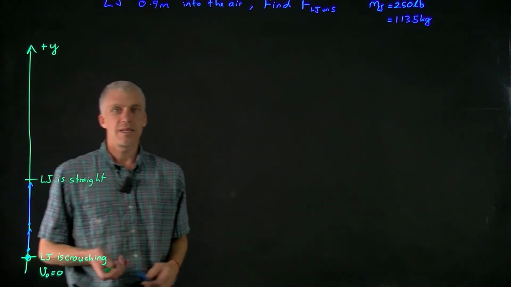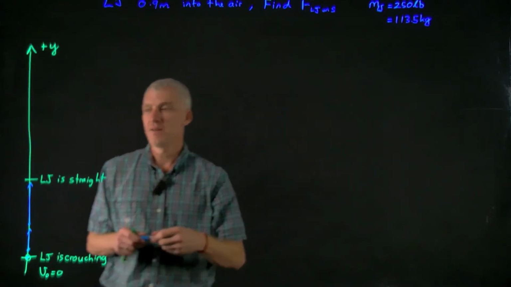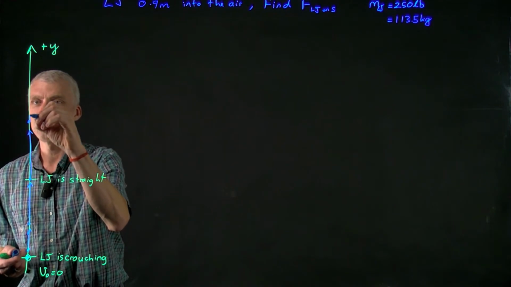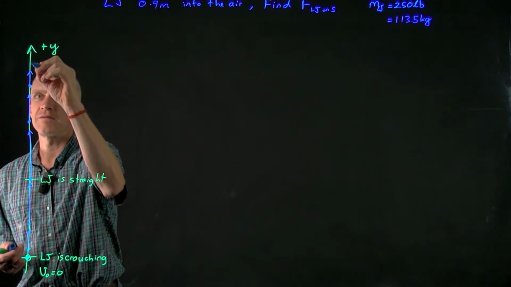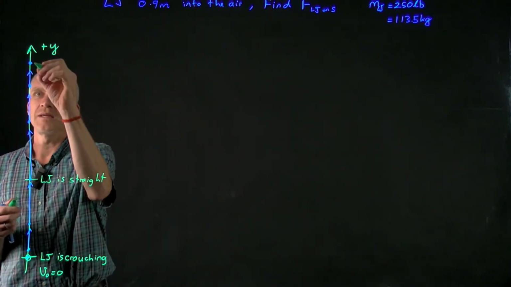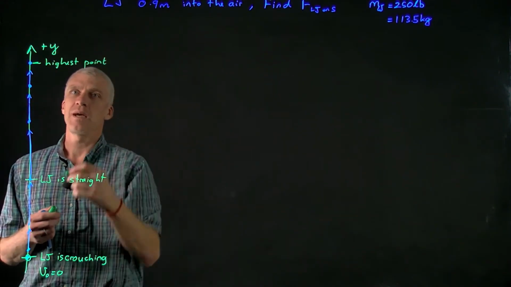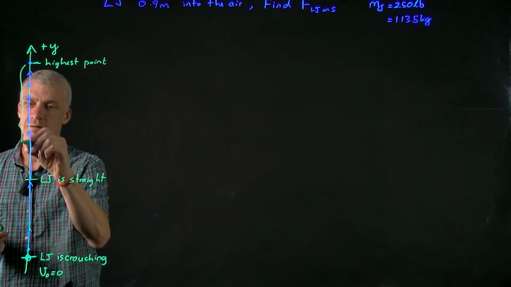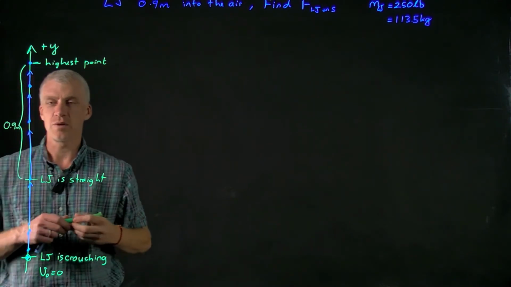And then once he leaves the basketball court and flies into the air, what happens? He starts to slow down. So from this point onwards, we will draw longer, shorter, shorter, and finally stopped. This is the highest point, and this is 0.9 meters above the point at which he left the court.